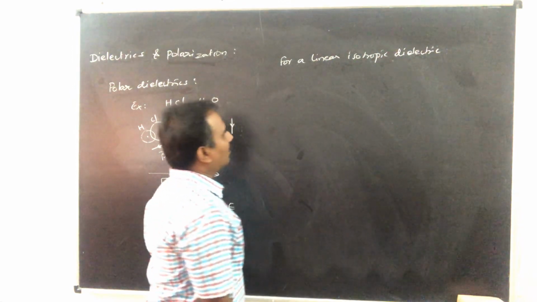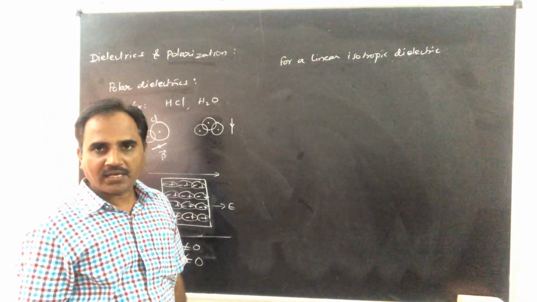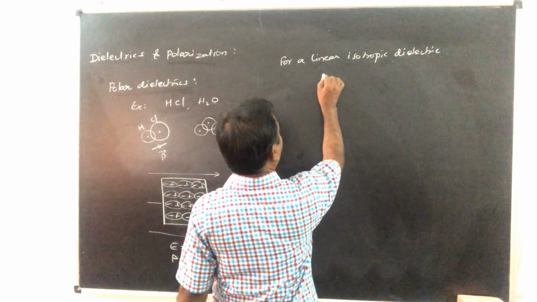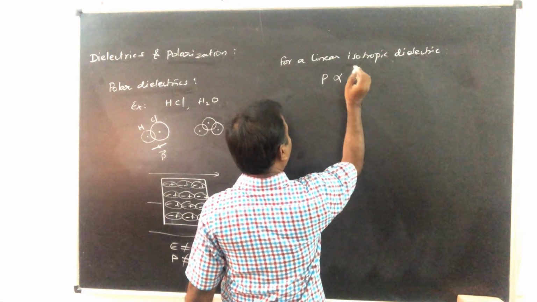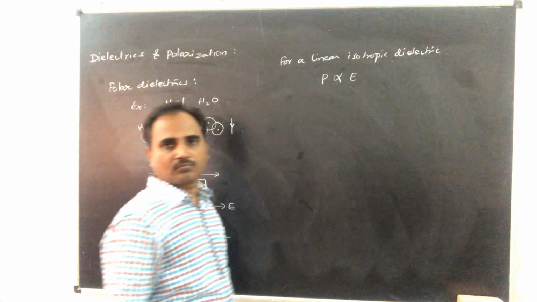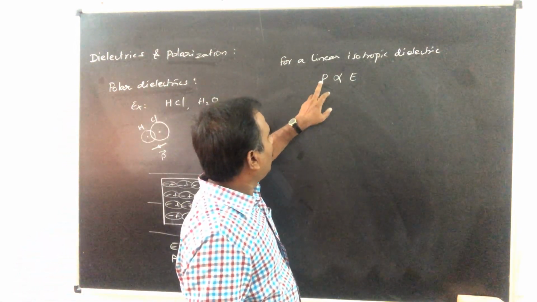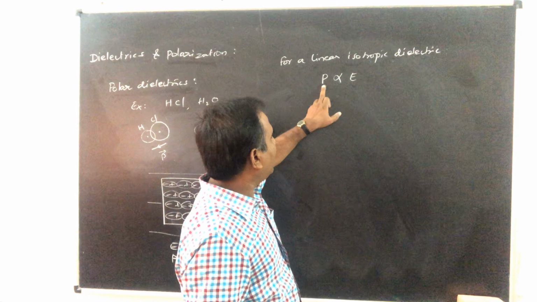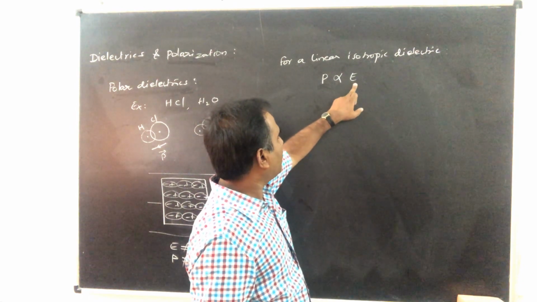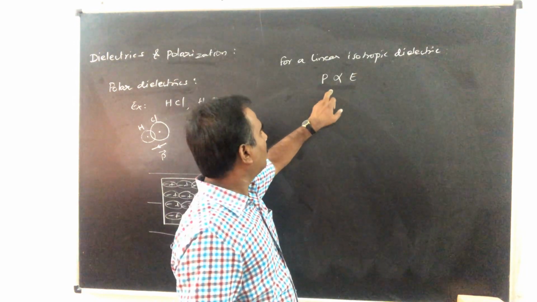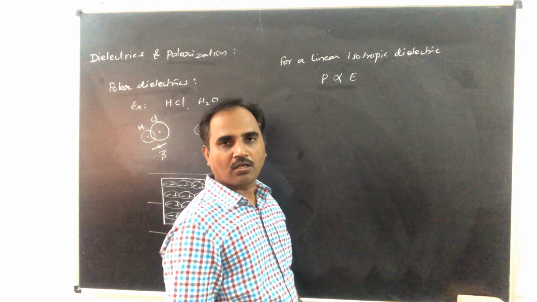Or otherwise, a linear isotropic dielectric is one in which the net dipole moment is directly proportional to electric field. The net dipole moment of the dielectric is directly proportional to electric field. Such a dielectric is called linear isotropic dielectric.